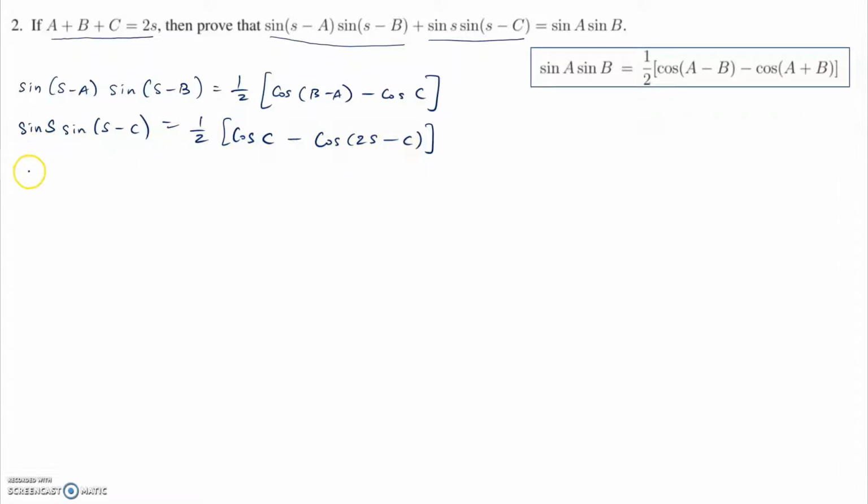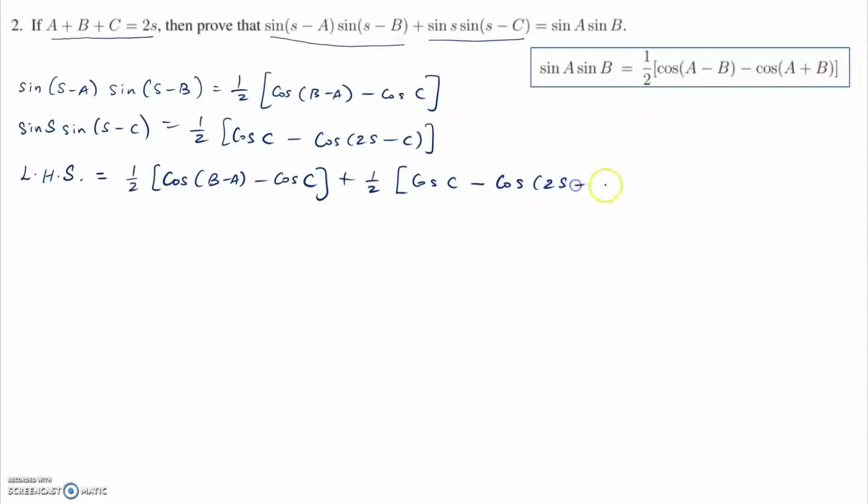So, therefore, we can say that our left hand side is now equal to, adding these two, half of cos(b minus a) minus cos c plus half of cos c minus cos(2s minus c).